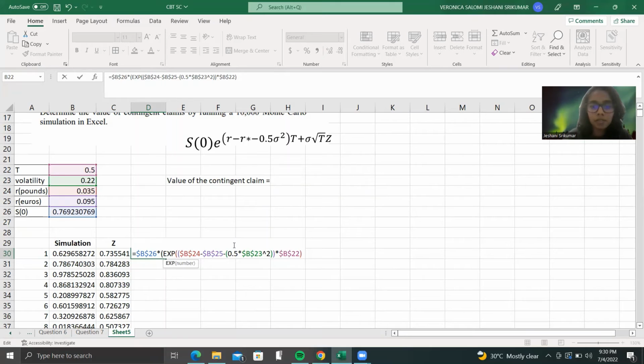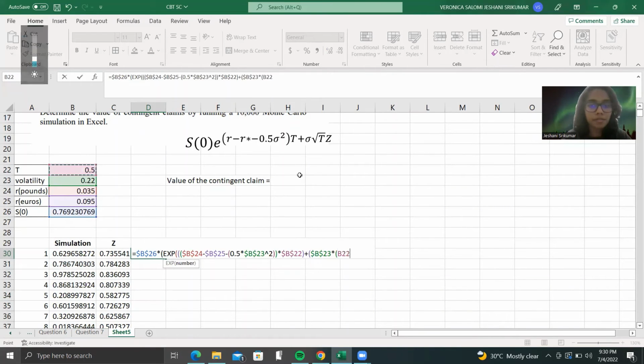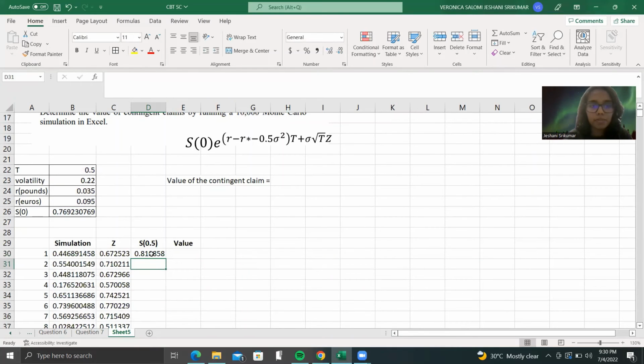After we do this, we also have to add in the rest of the equation, which is sigma, the volatility, into the square root of t, which is 0.5, into the Z value that we just calculated over here. So this will be the price.